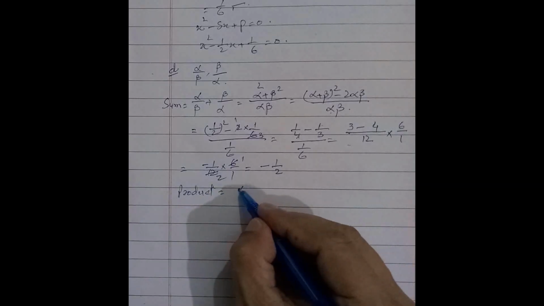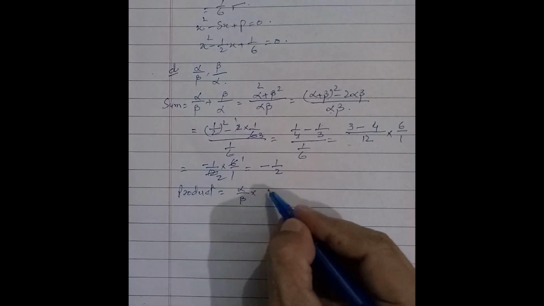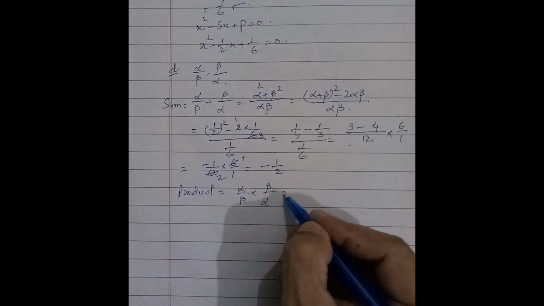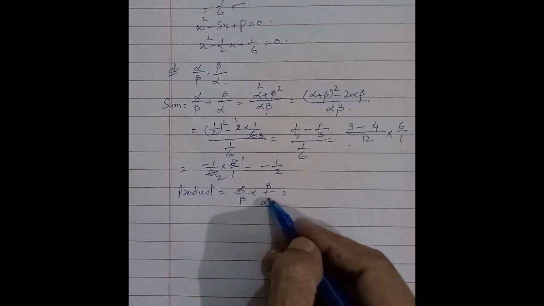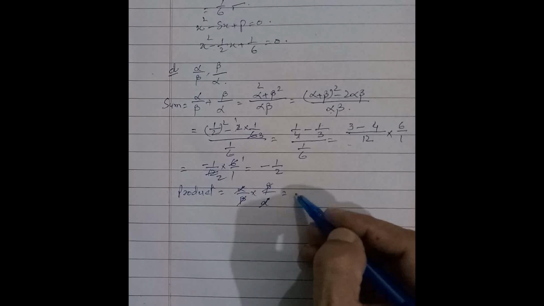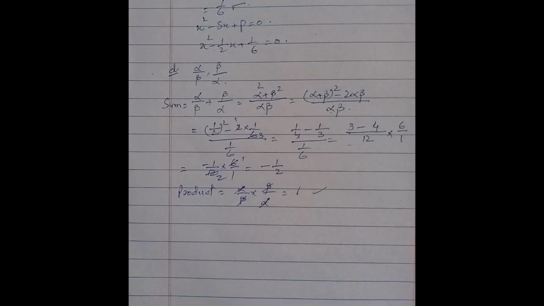which is equal to alpha over beta multiplied by beta over alpha. All the values cancel each other, we get answer 1, and it is the product of alpha over beta and beta over alpha. And now we put the values of sum and product in the equation.